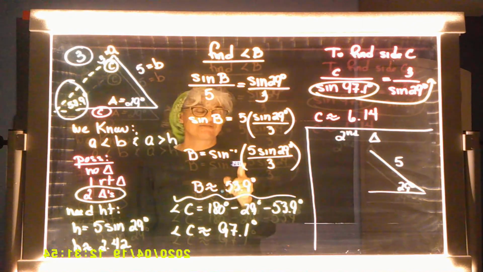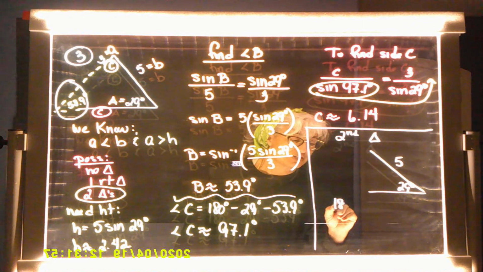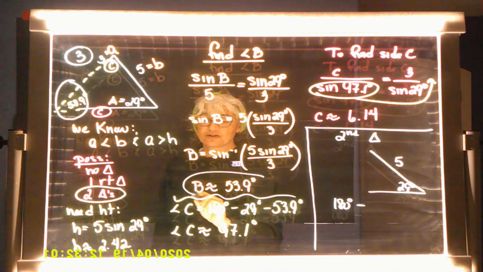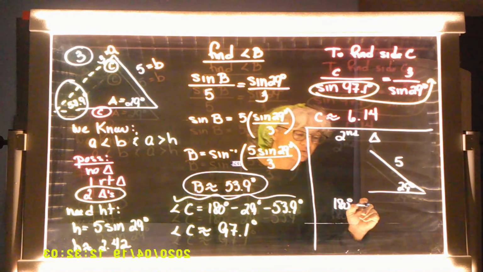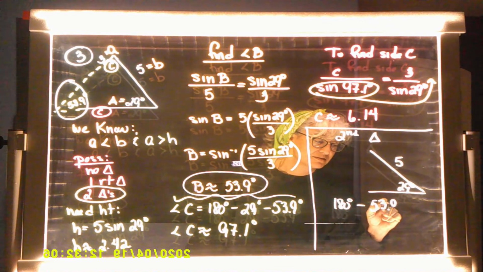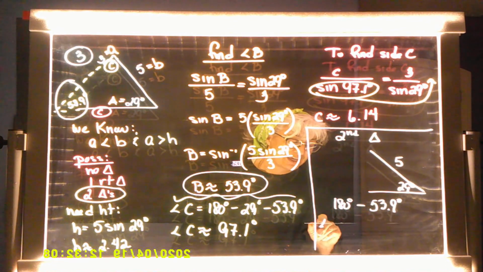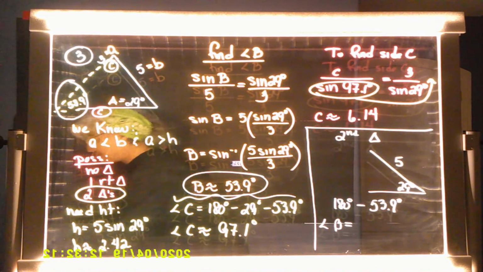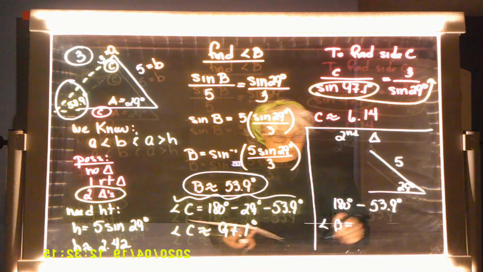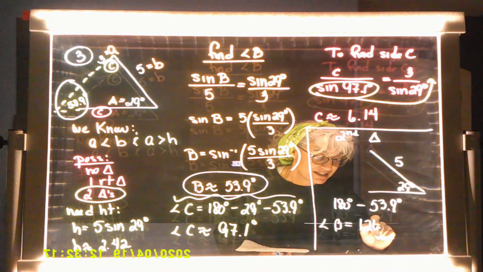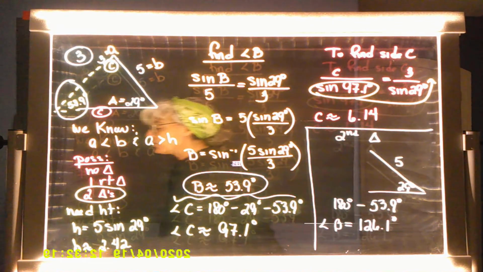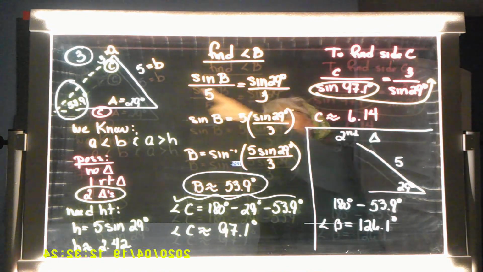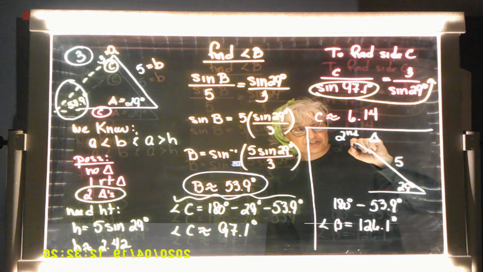Which means if I take 180 degrees minus the original angle B that I found of 53.9 degrees, this angle B on triangle 2 would be equal to 126.1 degrees, which means this side of 3 is going to swing in.